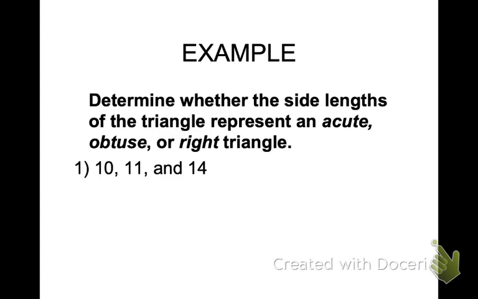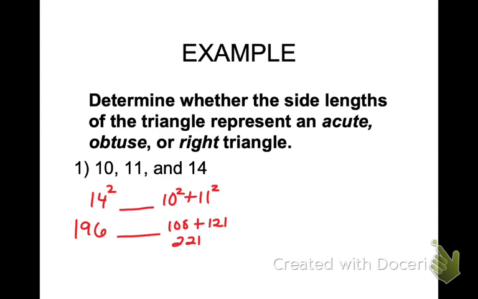So my c is always going to be the largest, so 14 squared. I need to compare that to 10 squared plus 11 squared. 14 squared is 196. 10 squared is 100. 11 squared is 121. So adding that gets me 221. So is my c squared equal?